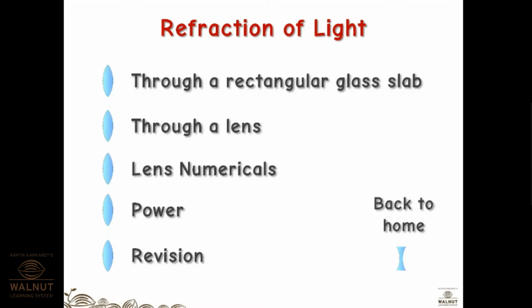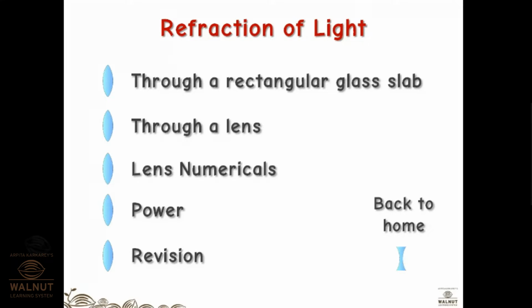Or if you try to see any object through the glass, how do you see that object? Is it clear? Or does the object appear a little bit bent, or not in a straight way? Do you see bent rays in between, or do you see the object in a different manner? Yes or no? Yes. Isn't it?